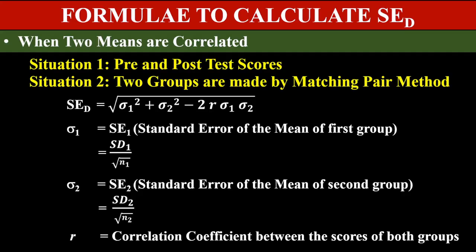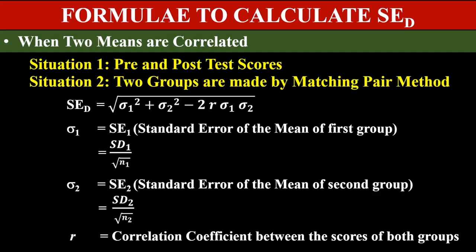In these two situations of correlated means, this formula seen on the screen is used to find SED. By finding SED in this way, and by finding the means of both the groups, all the values are put in the formula of t value or CR, and the t value is found.